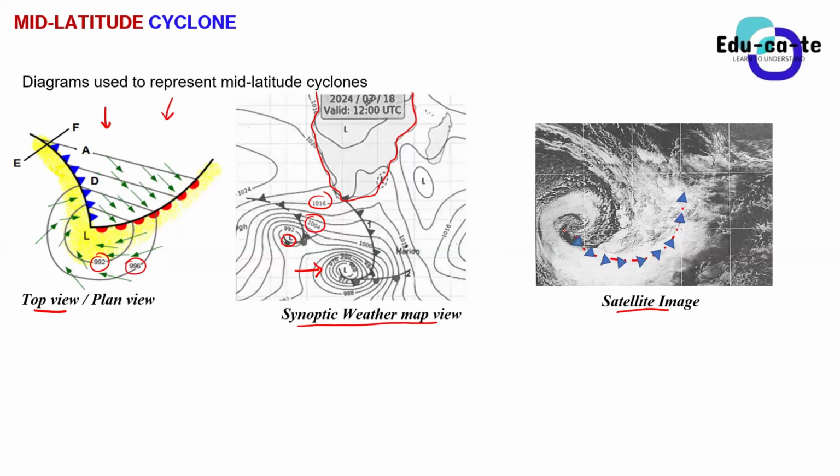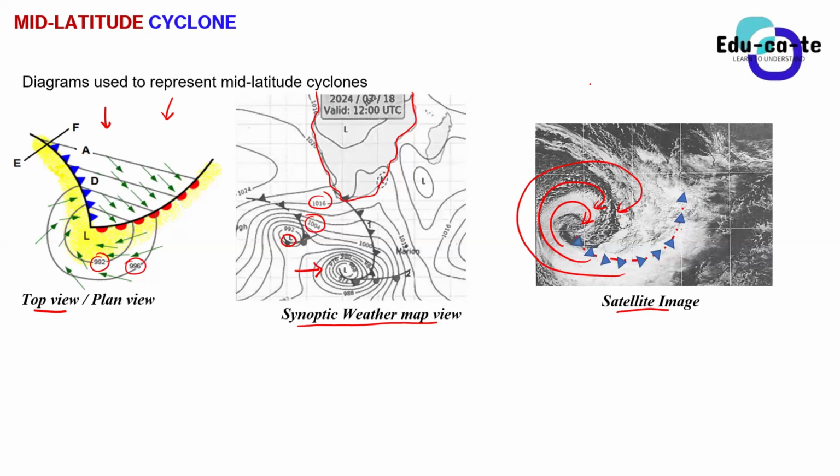We have the clouds here, and these clouds are rotating in a clockwise direction. This is known as a satellite image. When the clouds are swirling in a clockwise direction, it tells you that the air there is rotating in a clockwise direction.